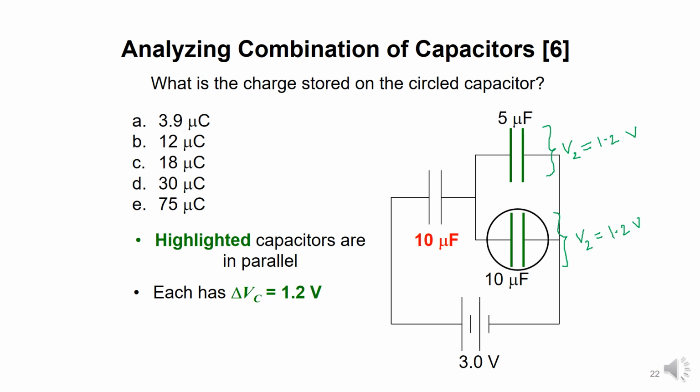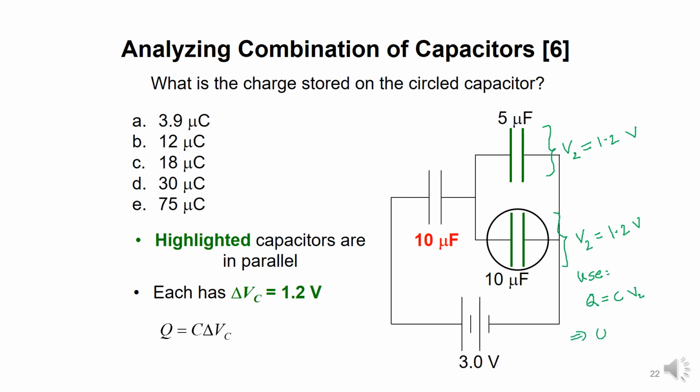Let's look at the circle capacitor, the 10 microfarad. And let's use the regular equation Q equals CV for this capacitor. Okay, I'm doing it on the slide now. Use Q equals CV, and let's just call it V2 because that's the symbol that we're using.